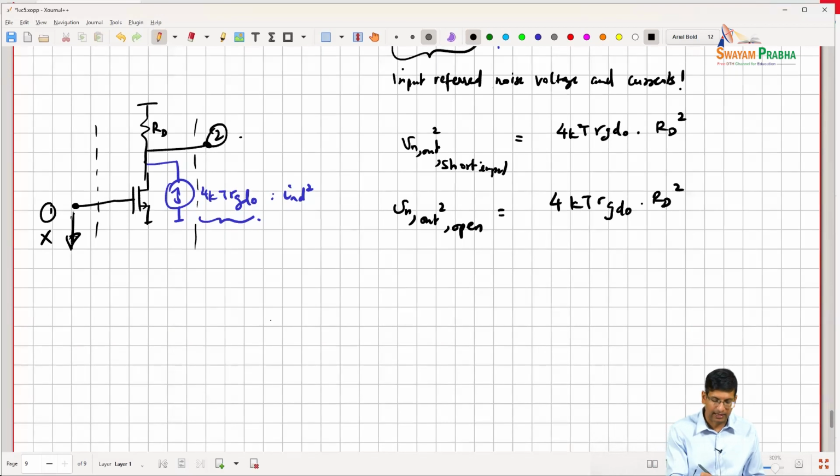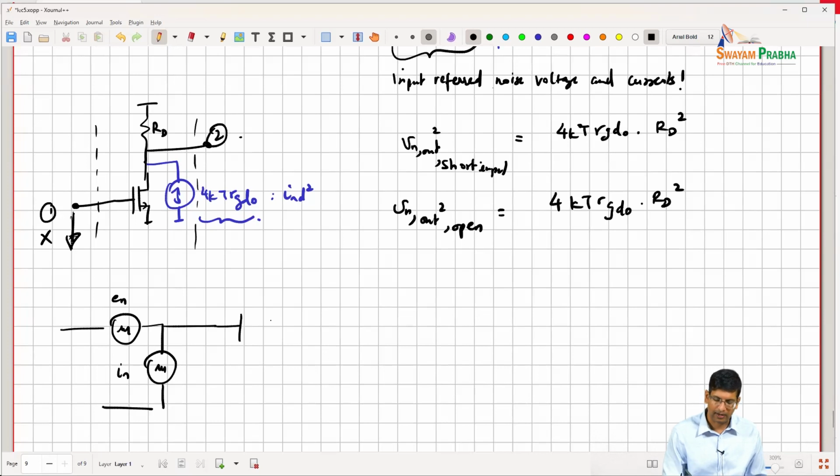Now let's say that I'm trying to move all the noise to the input. So then I have this En noise source and I have this In noise source, and I have my noise free transistor, and this is my output.